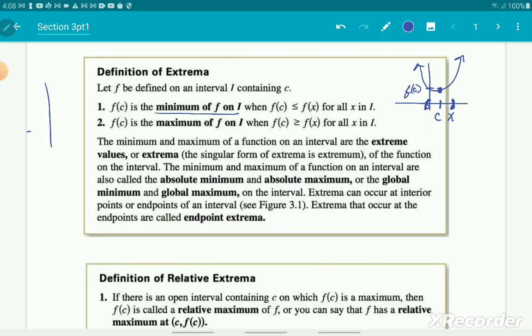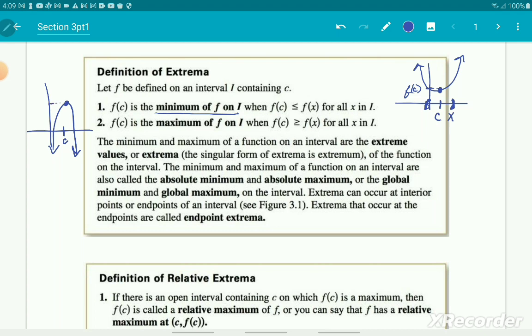So let's draw a picture of what this is trying to describe. So maybe we have a graph that, I'm just going to keep it simple, quadratic, looks like this. Here we see a maximum. Remember, a maximum is just a high point on the graph. A minimum is just a low point on the graph. So we're talking about that maximum here. Here's the c value they're talking about.